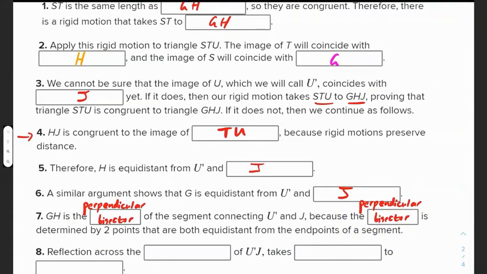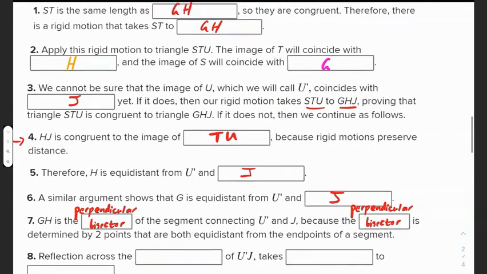All right, so let's look at 8. Reflection across the blank of U prime J takes blank to blank. Well, I don't know, because there's so many blanks. Let's try to figure out what they're talking about here.